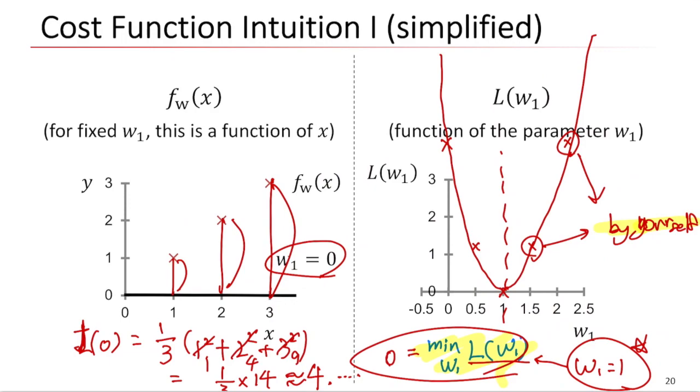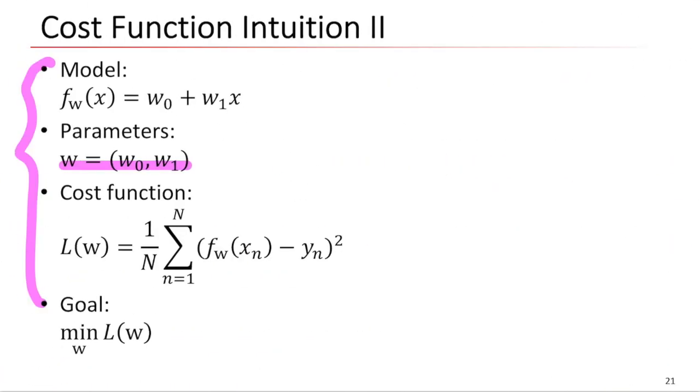But in this lecture, let's think about a more general, more challenging version of the cost function. Let's say we have two variables that define this linear loss function, something like this.